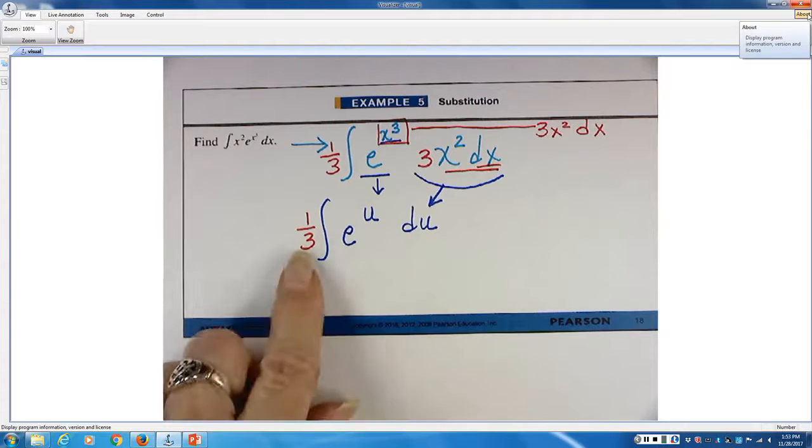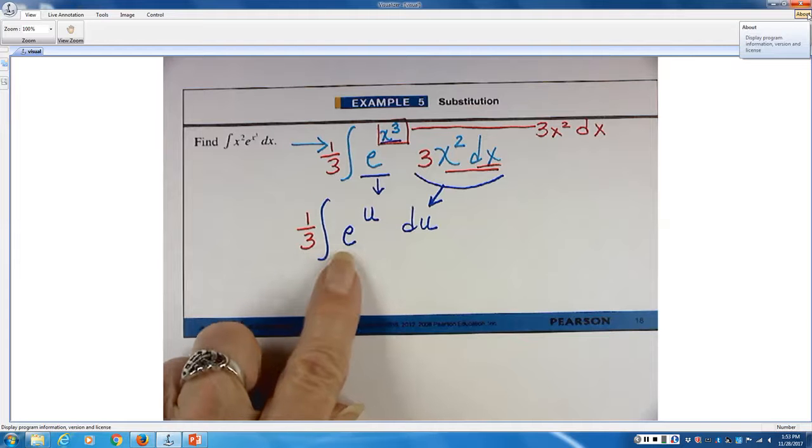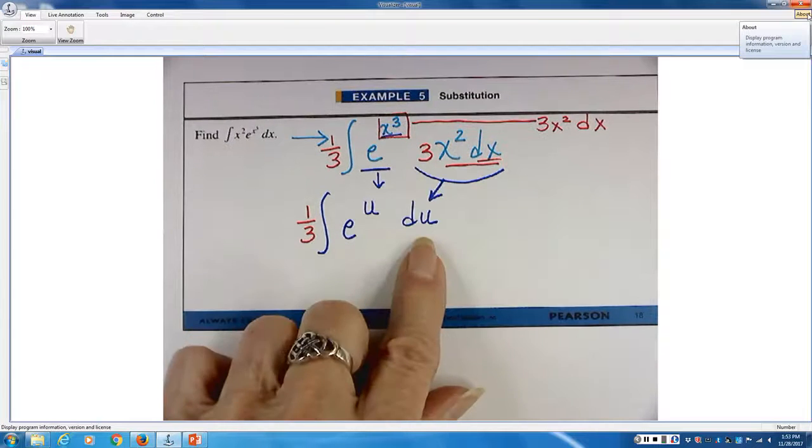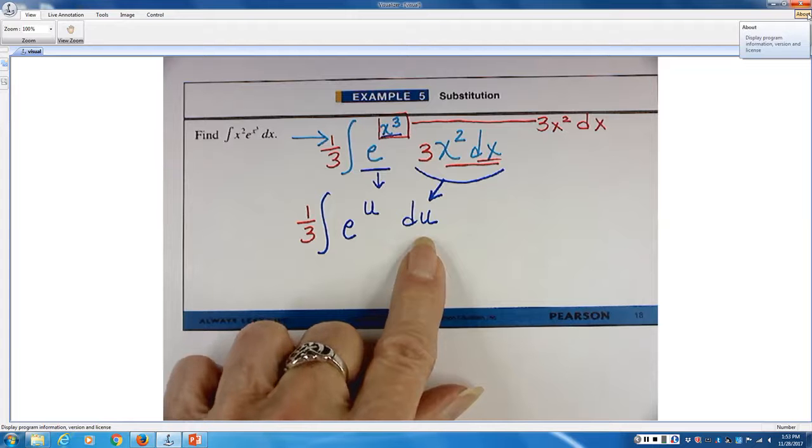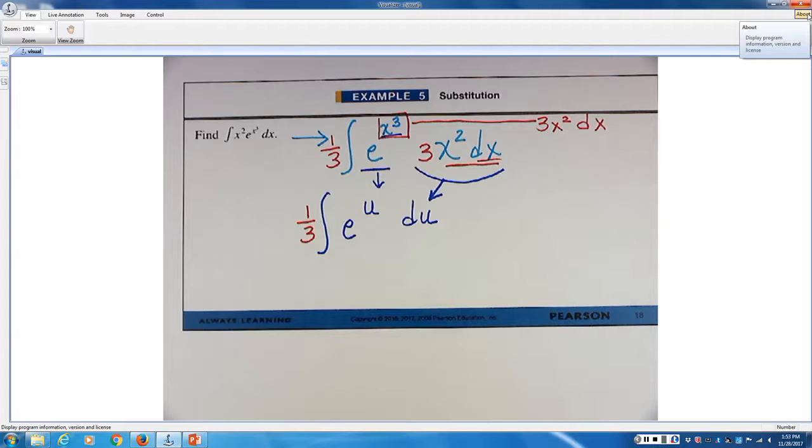So now what we have is 1/3 times the integral of e to the u, and we have du, that's the derivative 3x squared dx. And the integral of e to the u, basically we're saying what function has e to the u as its derivative.